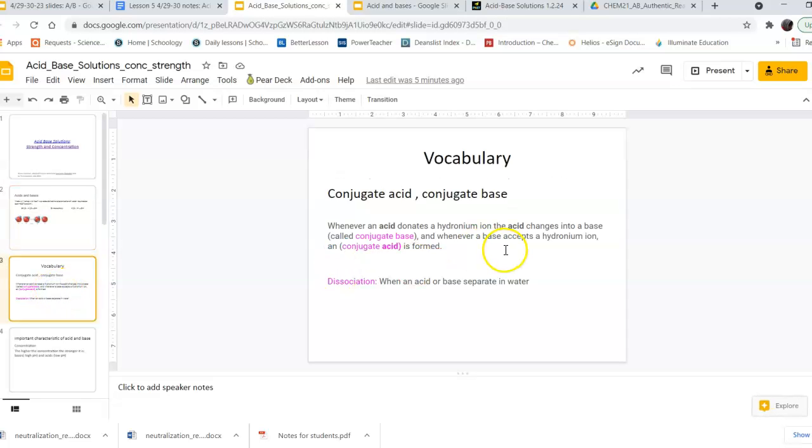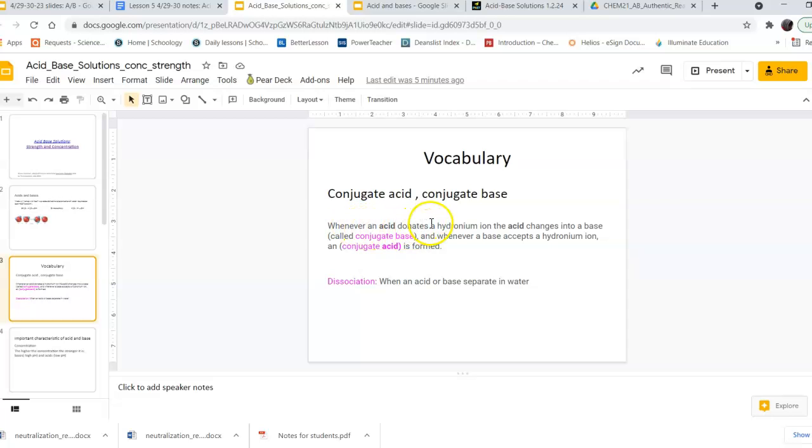So another thing that I need to go over with you guys before we begin is we need to introduce two vocabulary words. One I actually already used, it's called dissociation. So it's the breaking apart. Okay, so when an acid or a base separates in water. And even water can dissociate, right? And then I want to introduce something else to you guys, a conjugate acid and a conjugate base.